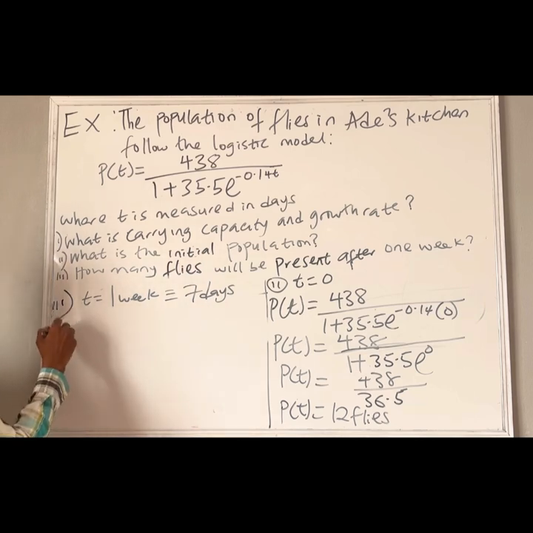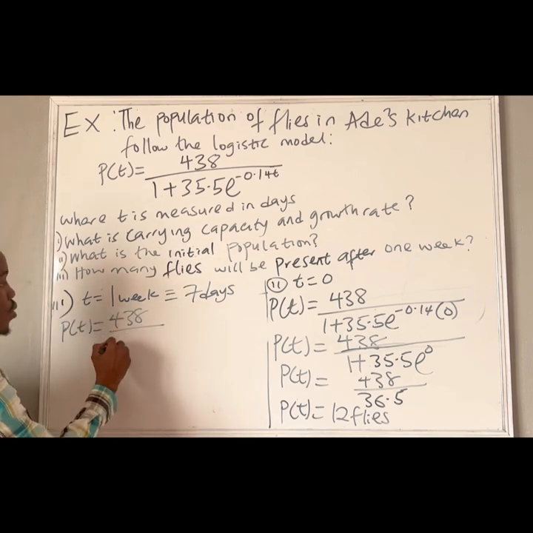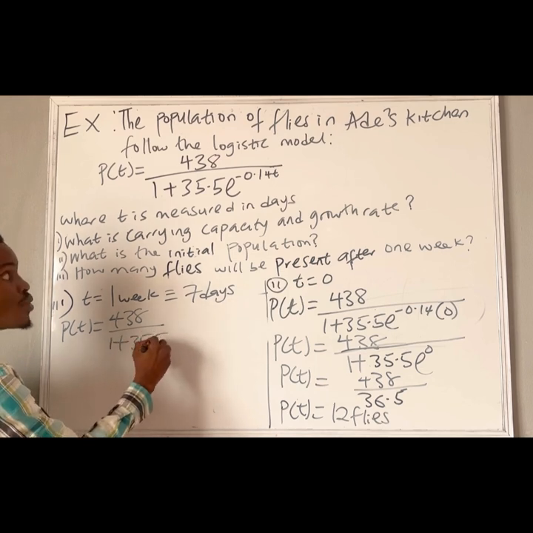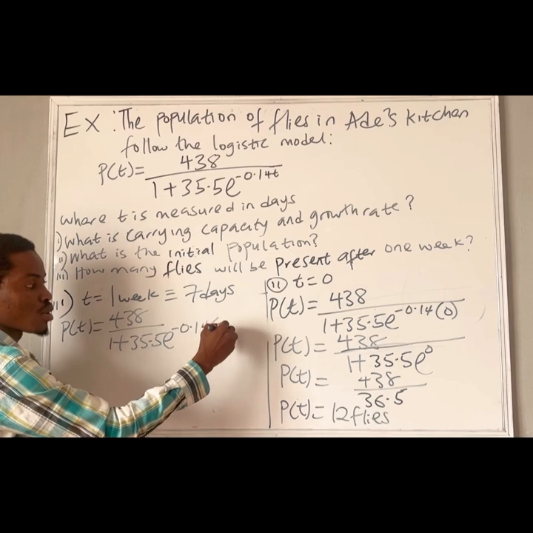We now have P(t) = 438 / (1 + 35.5e^(-0.14t)), where our t is 7.